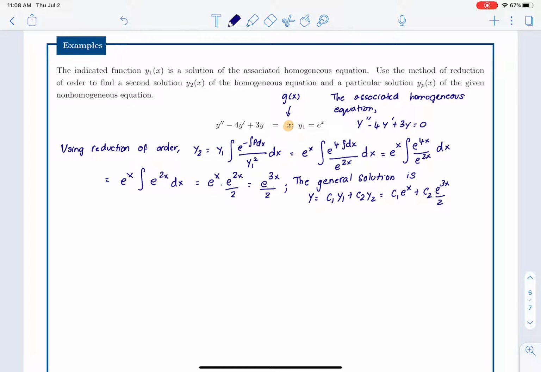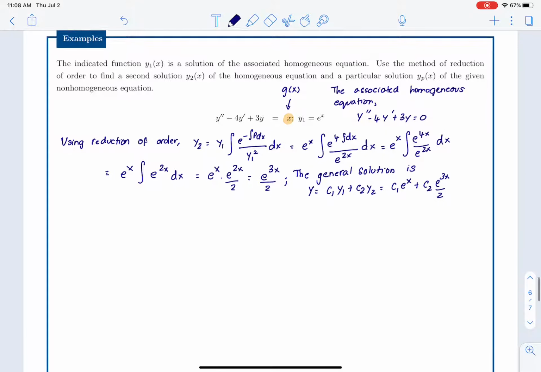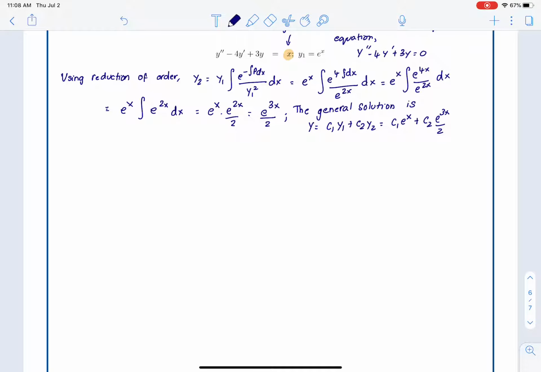And that is the first part of the solution, the general solution. We want to find the particular solution.